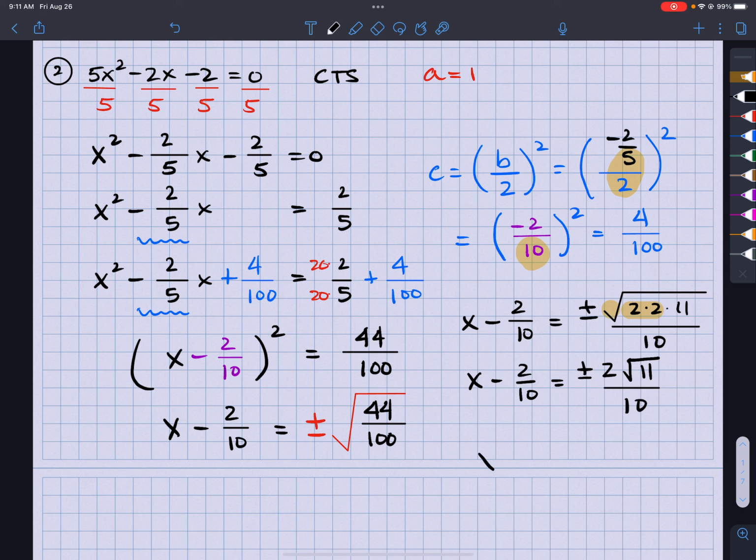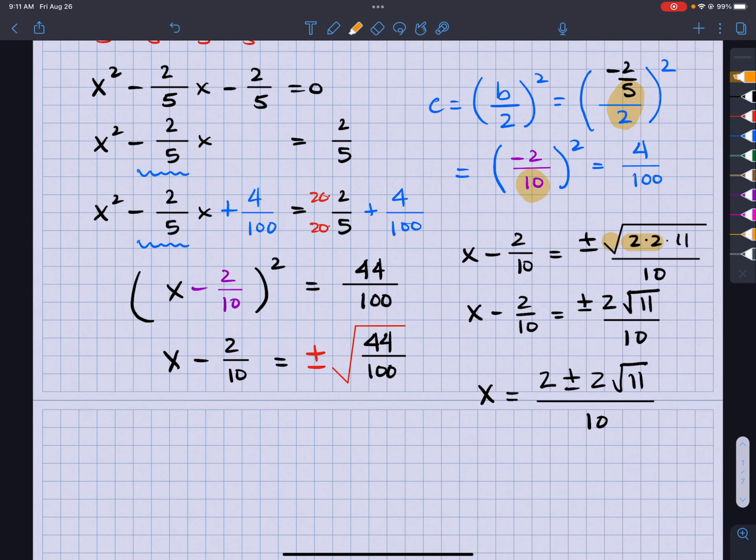So that means my x is going to equal 2 plus or minus 2 square root of 11 over 10, because I have to add this 2/10 over, and since I have common denominators, I'm adding fractions, so add or subtract the top and keep the bottom.